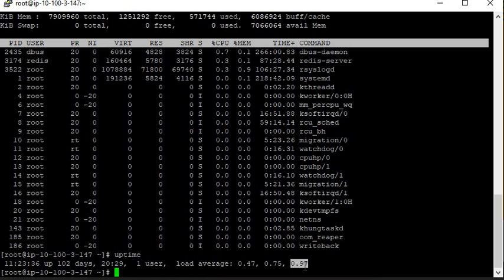Now the question is how to check that it is performing well. First check on your machine how many processors there are.